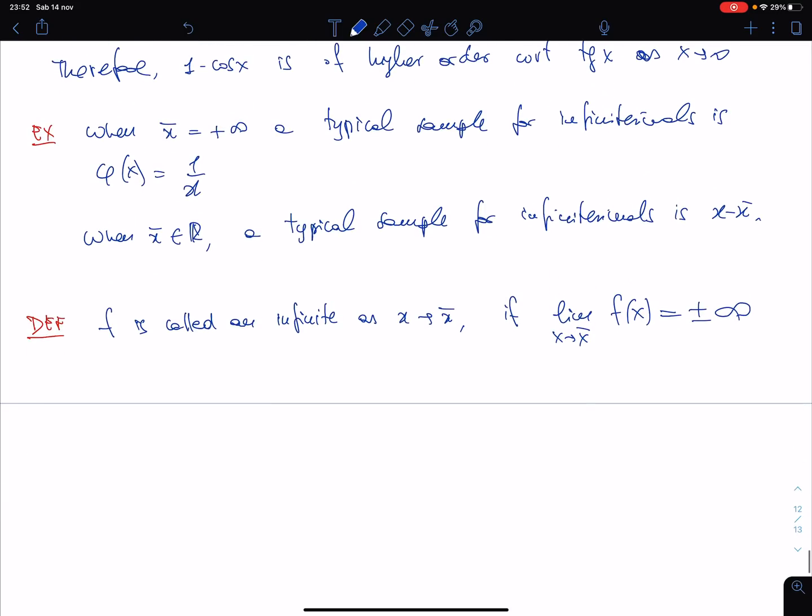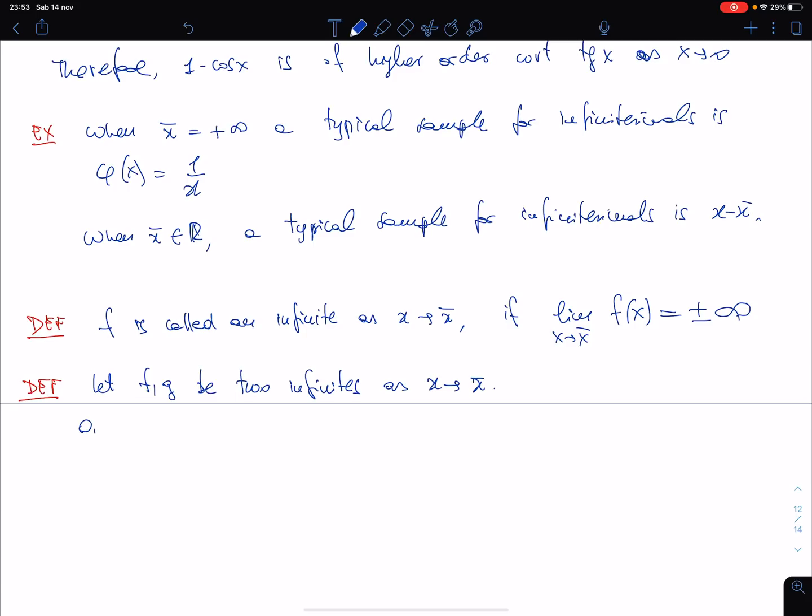And here the definition of the order is the following. Let f and g be two infinites in the same point, so as x goes to x bar.